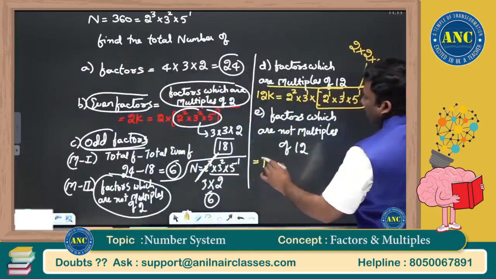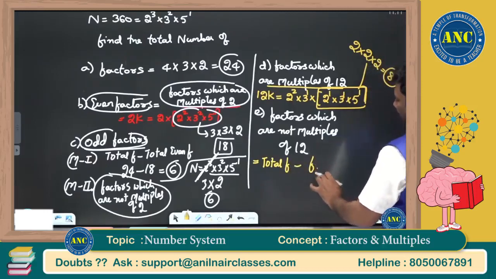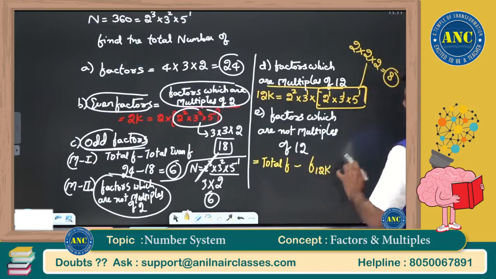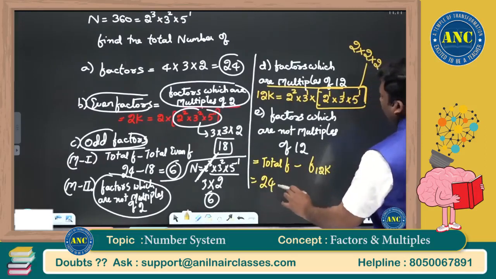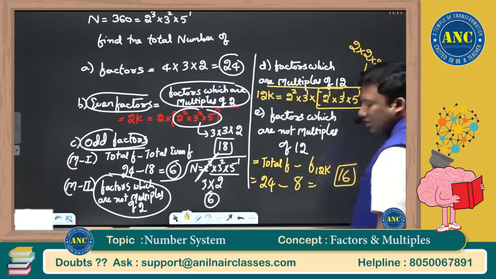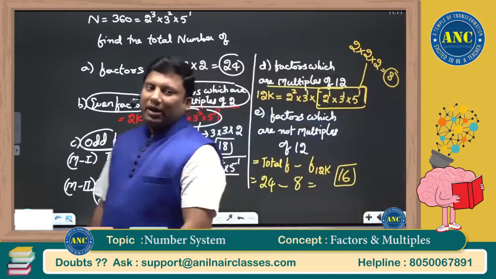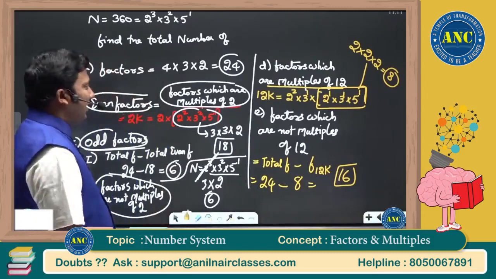Factors which are not multiples of 12 can be written as total factors minus factors which are multiples of 12. Total factors will be 24. Factors which are multiples of 12 will be 8. 24 minus 8 is 16.